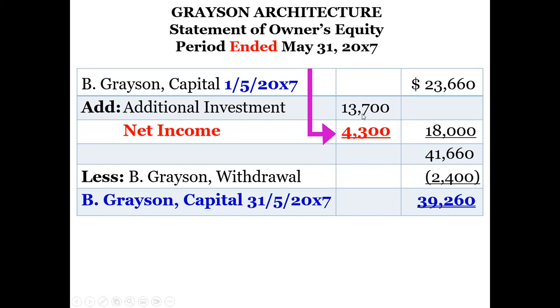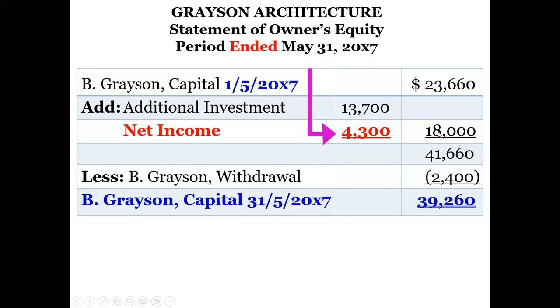You see that? Yes, Miss. Then now the net income of 4,300. This is coming from the income statement. So when we add that 4,300 to that 13,700, we get a subtotal of 18,000.